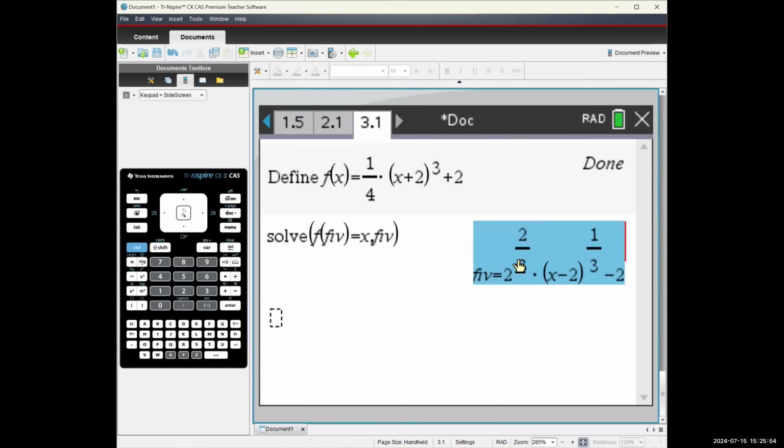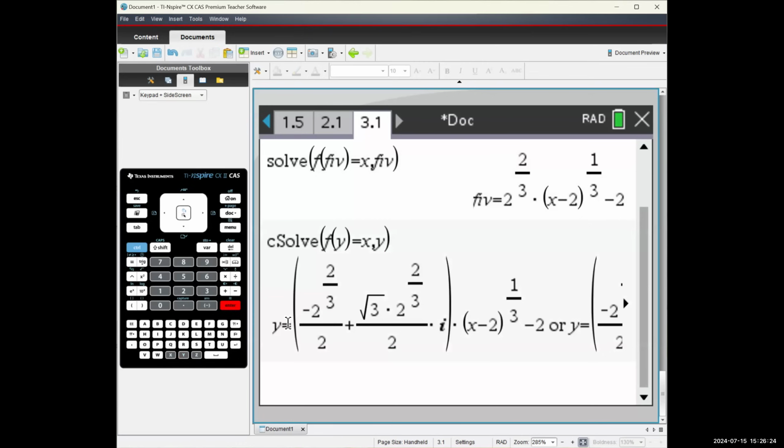Some calculators might not be able to spit out this thing, including TI. That's because when solving this sort of cubic equation in turning point form, it might not apply the correct algorithm. Another thing is, if in this particular instance you couldn't find an explicit rule like this, you could use C-solve. C-solve, let's say f of y equals x for y, and you just ignore whatever expression involving i.